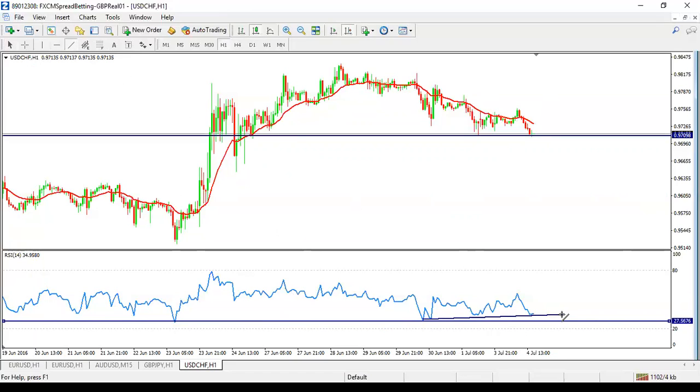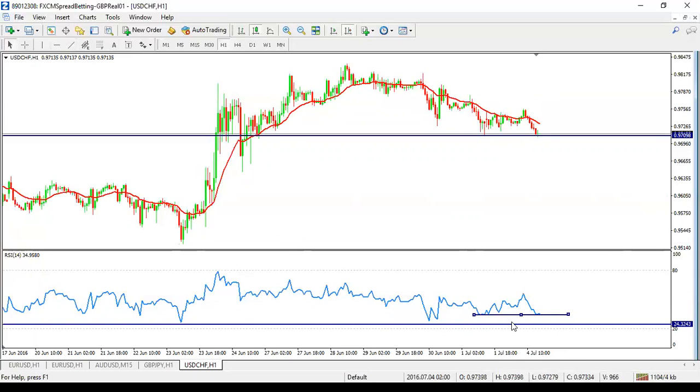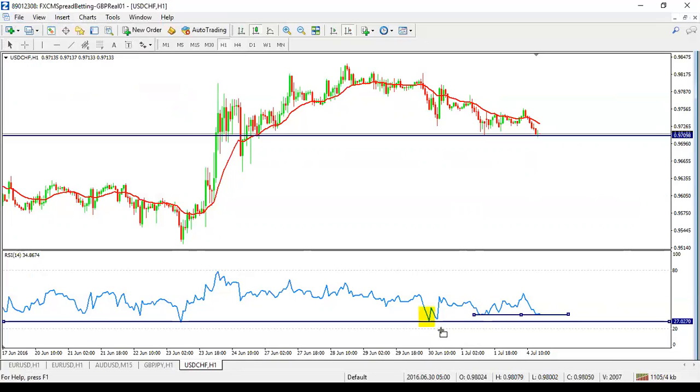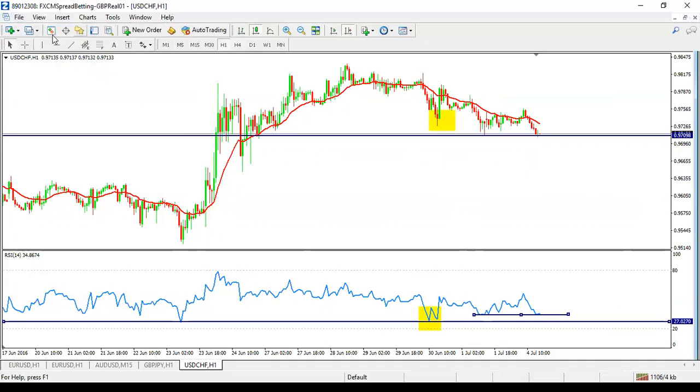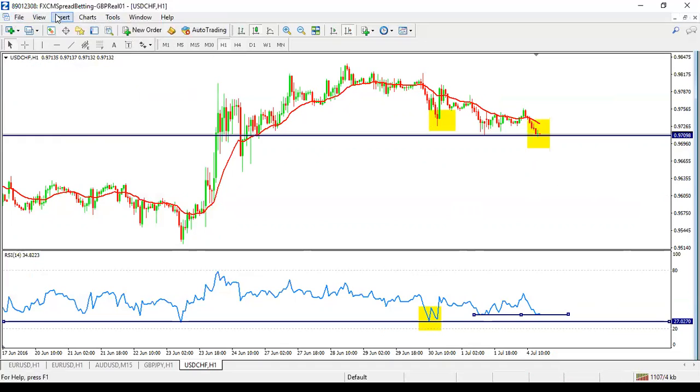the two same lows are equal. However, looking at this low here, there is that one, and that low is that one, which is higher.